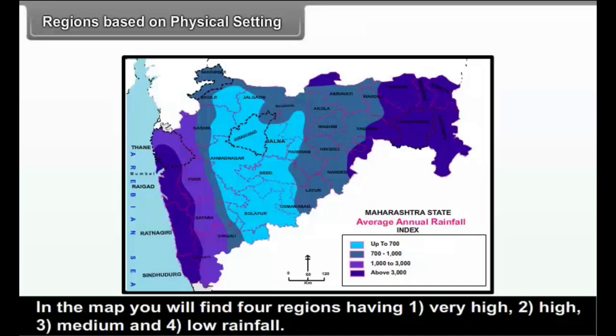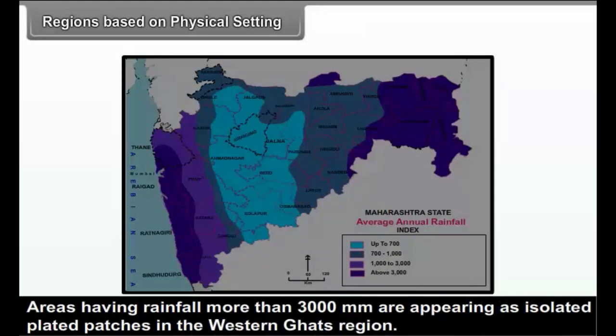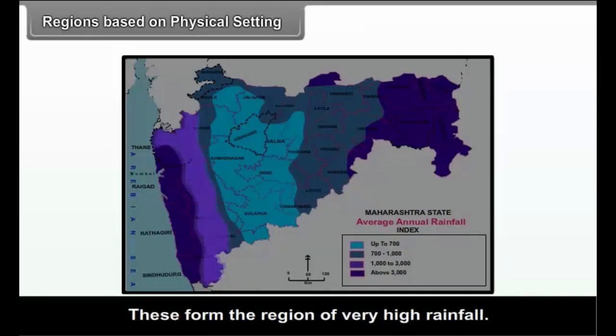In the map, you will find 4 regions having very high, high, medium and low rainfall. Areas having rainfall more than 3000 mm appear as isolated patches in the Western Ghat region. These form the region of very high rainfall.